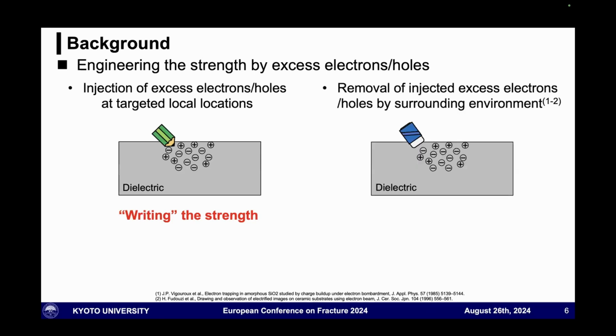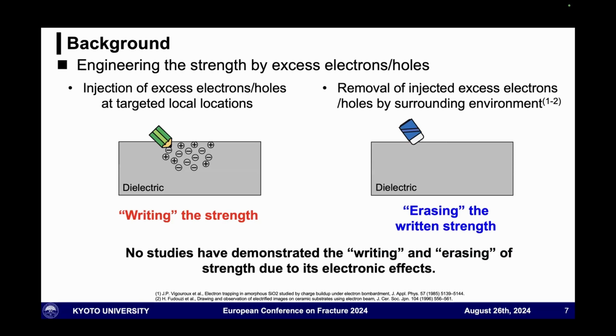In addition, we remove the excess electrons and holes by modifying the surrounding environment, like this. This process is anticipated to erase the strengths. However, no studies have demonstrated the lightening and erasing of strengths due to this electronic effect.